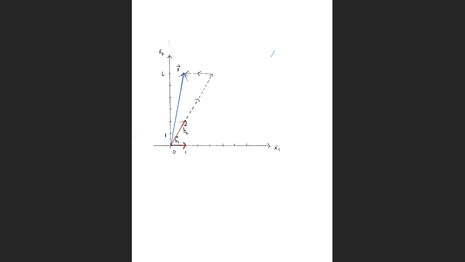Remember, the coordinate vector of x relative to basis B was determined to be -2, 3. So what does that -2, 3 mean geometrically?